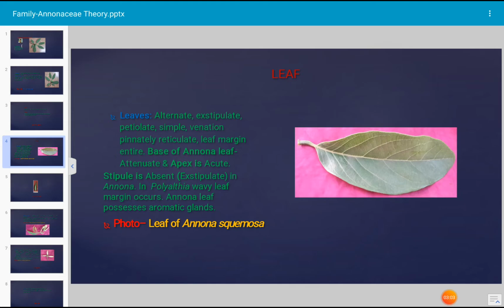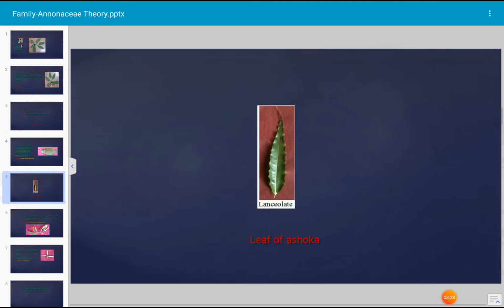When the stipule is absent, it is described as exstipulate. Stipule is absent in Annonaceae. But in Polyalthia, wavy leaf margin occurs. Margin of the leaf is wavy. And Annona leaf possesses aromatic glands. These are the characteristic features of plants of family Annonaceae.